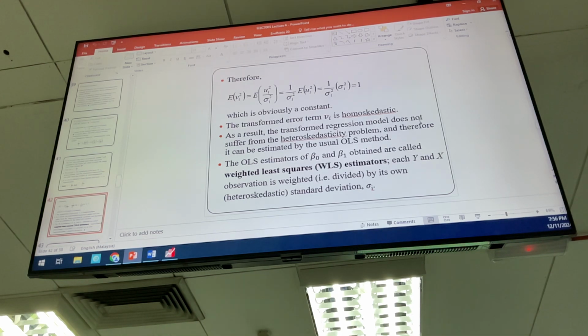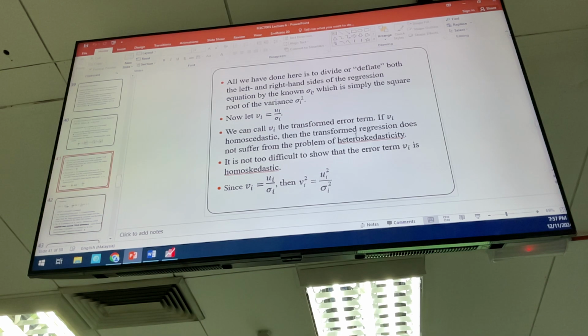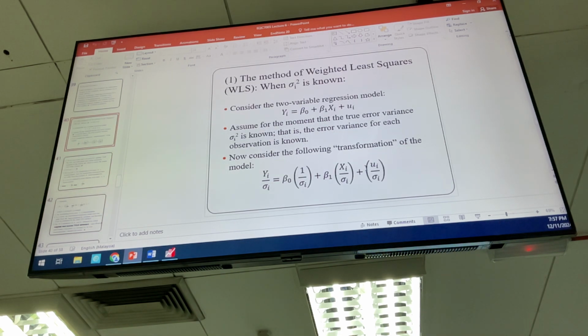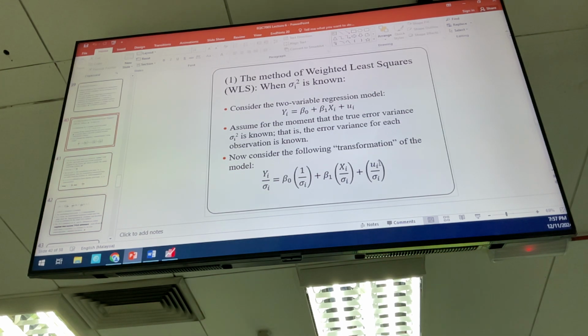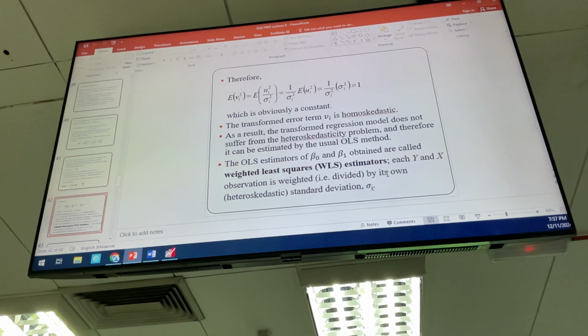Each y and x observation is weighted, or divided, by its own heteroscedastic standard deviation, sigma i. So if we know the value, we can divide the equation by the known sigma i. By doing so, the new error term in the transformed equation has a constant error variance instead of a heteroscedastic error variance.